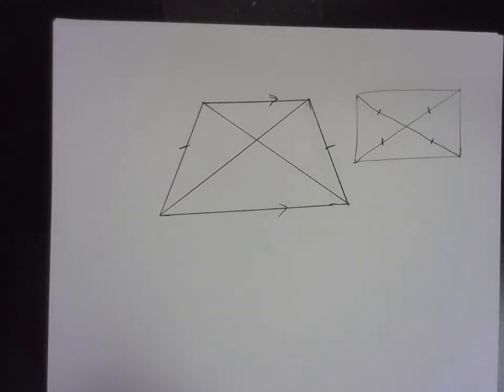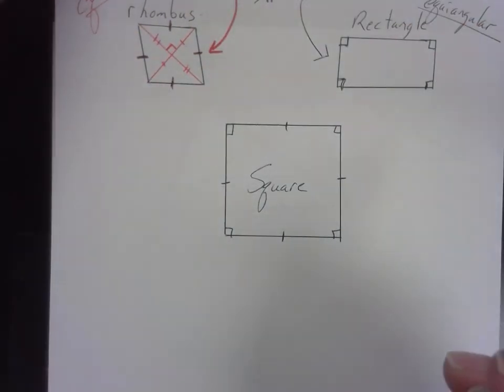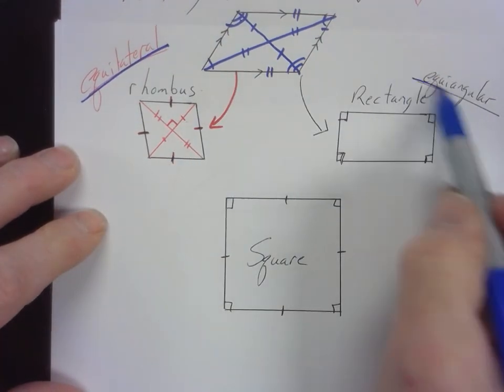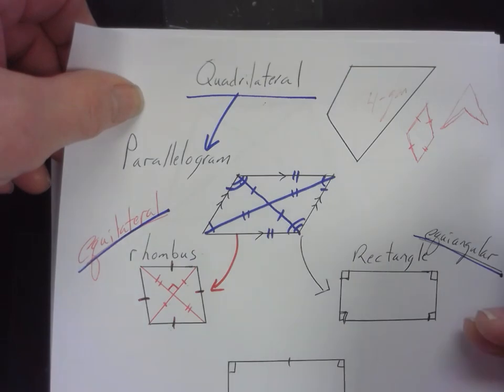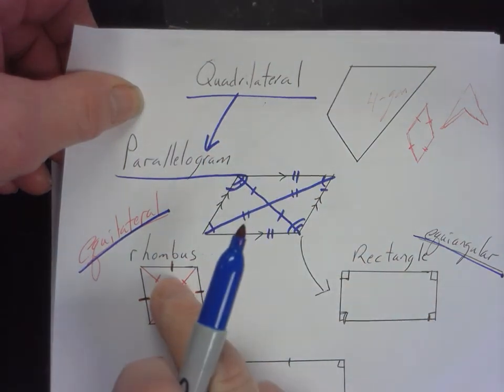All right, what about a square? A square is both an equilateral and equiangular quadrilateral. And it's a parallelogram. So it's a quadrilateral, it's a parallelogram, it's a rhombus, it's a rectangle.